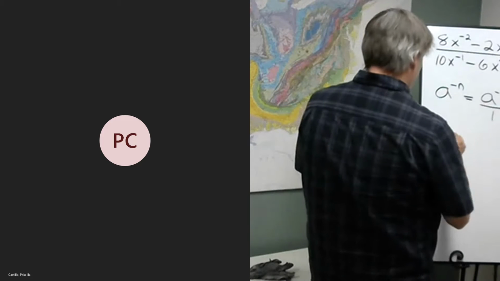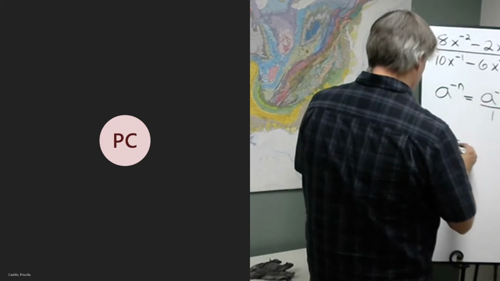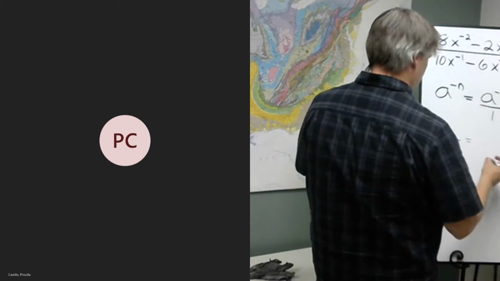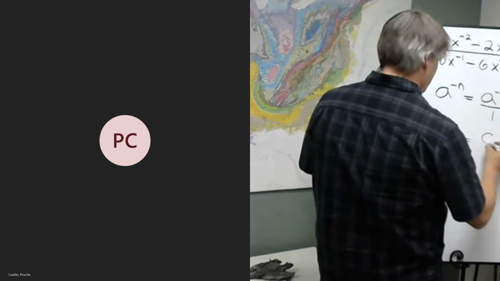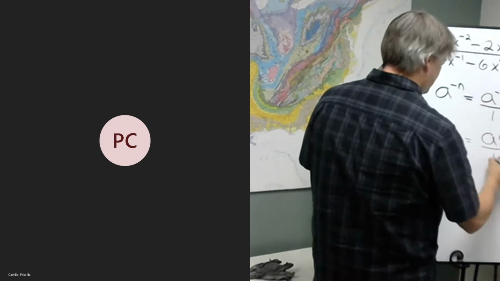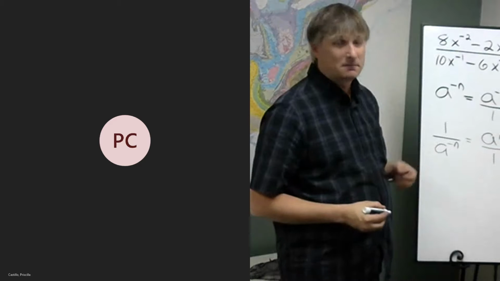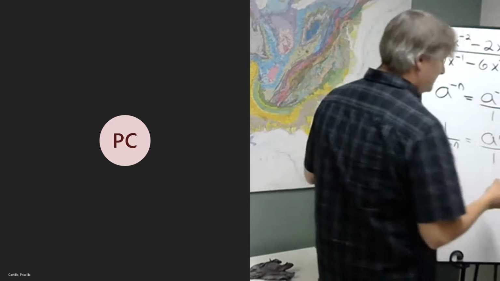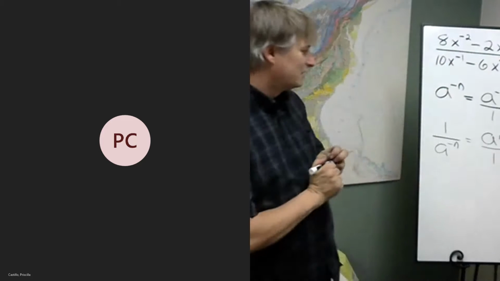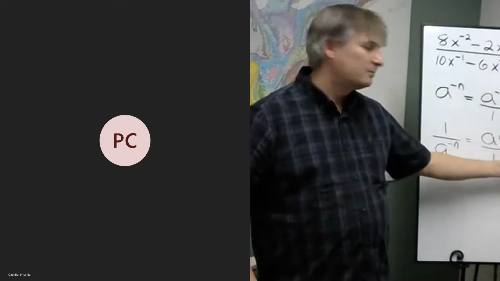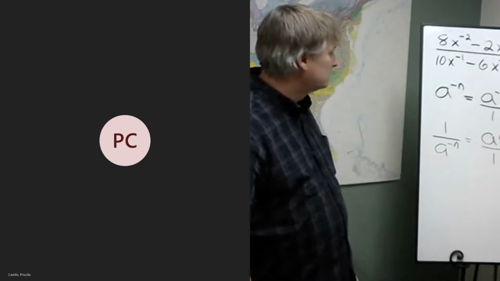Or if we have something like this, well, once again, we can flip it. And when we flip it, we don't have to write the minus sign. And anything divided by 1 is itself. So if we flip this, no minus sign.